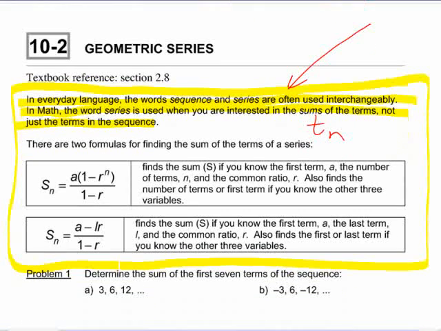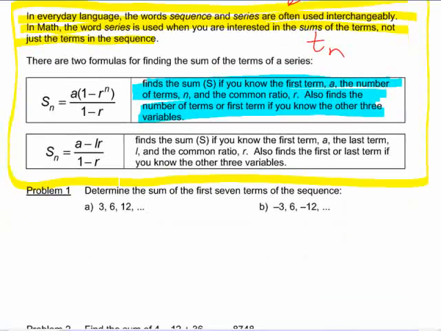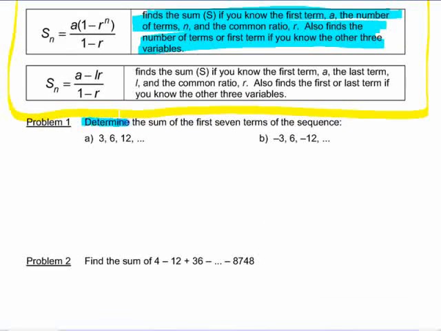I know we're in the world where people are reading text less and less, and they like icons and flashing things. There's no flashing things here. You've got to read it. Notice that the question says determine the sum of the first 7 terms of the sequence. That's my other hint. The key word here being sum.